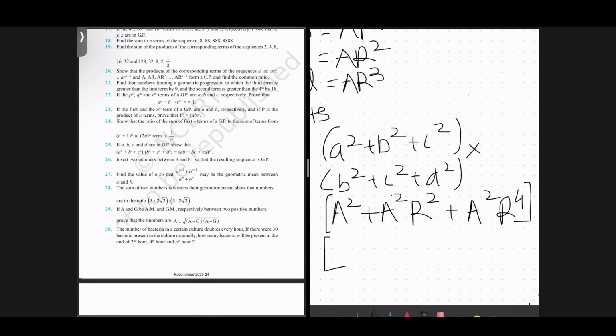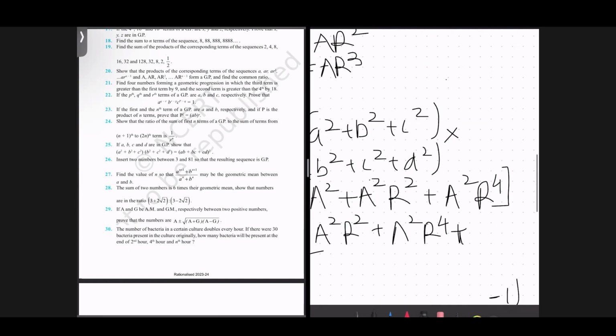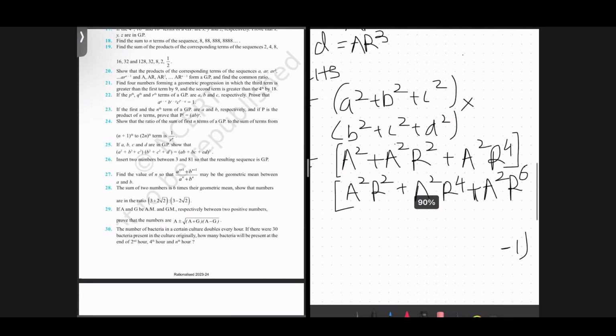And in the second term, you have b square, that is again going to be A square R square, c square is going to be A square R raised to the power 4, plus d square, and AR cube squared is nothing but A square R raised to the power 6, right?